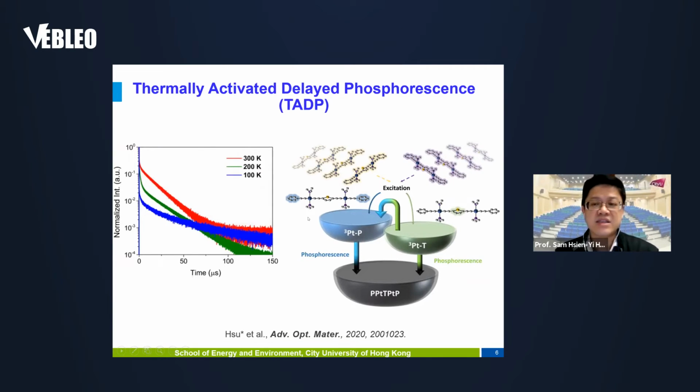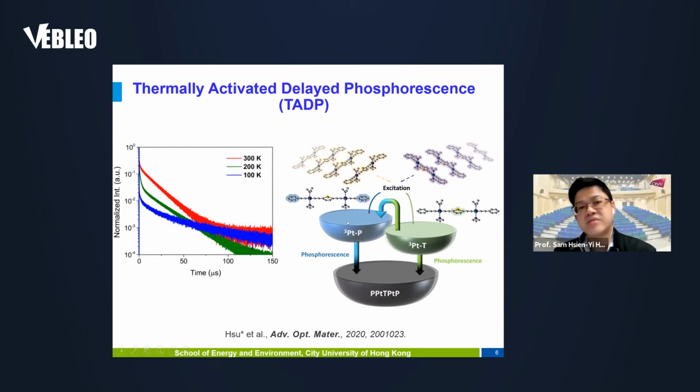Okay, so why is it interesting? As you know, we have the viologen core and the phenothiazine group at the two ends. This is the energy level diagram for this platinum acetylide. For the triplet excited state, the energy of the viologen part is lower than that of the phenothiazine part.